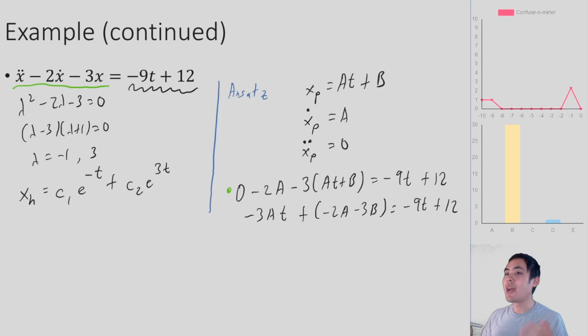So remember, the ansatz should look like the right-hand side and its derivatives, with some constant coefficients. So you should go back to Wednesday's video if you're still confused by that.